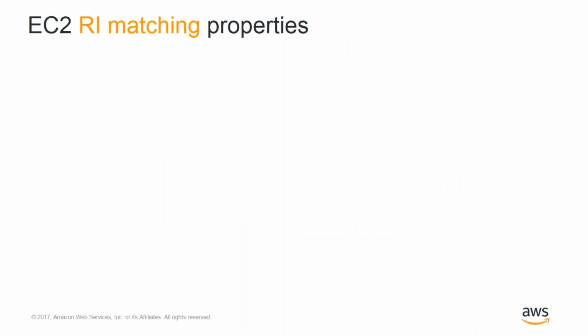So, in order for AWS to provide the discount, our product teams build out capacity based on what you reserve. And so that means we need customers to define what is required to be matched for their reserved instances to help us build out what you need. And so the first thing that needs to be matched is the instance type.